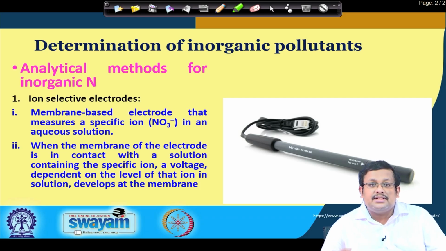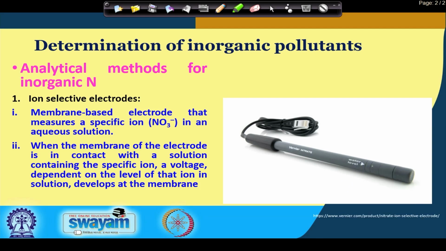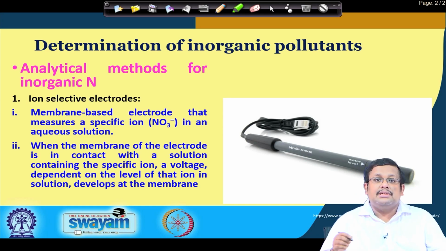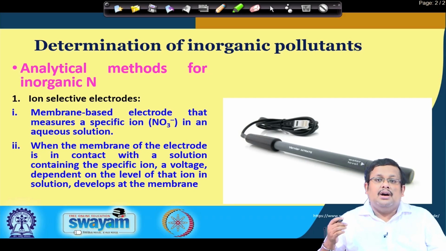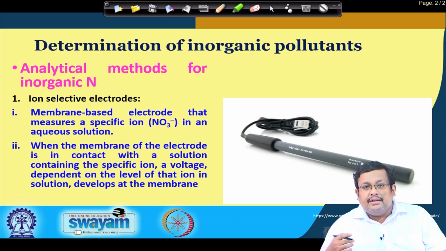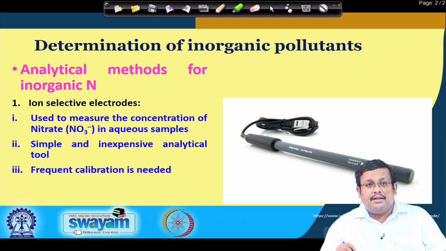These ion selective electrodes are basically membrane based electrodes that are sensitive to a specific ion in aqueous solution, in this case the nitrate ion. When the membrane of the electrode is in contact with the solution containing the specific ion, a voltage difference or voltage gradient is developed across the membrane, and that is measured in this ion selective electrode or ISE.